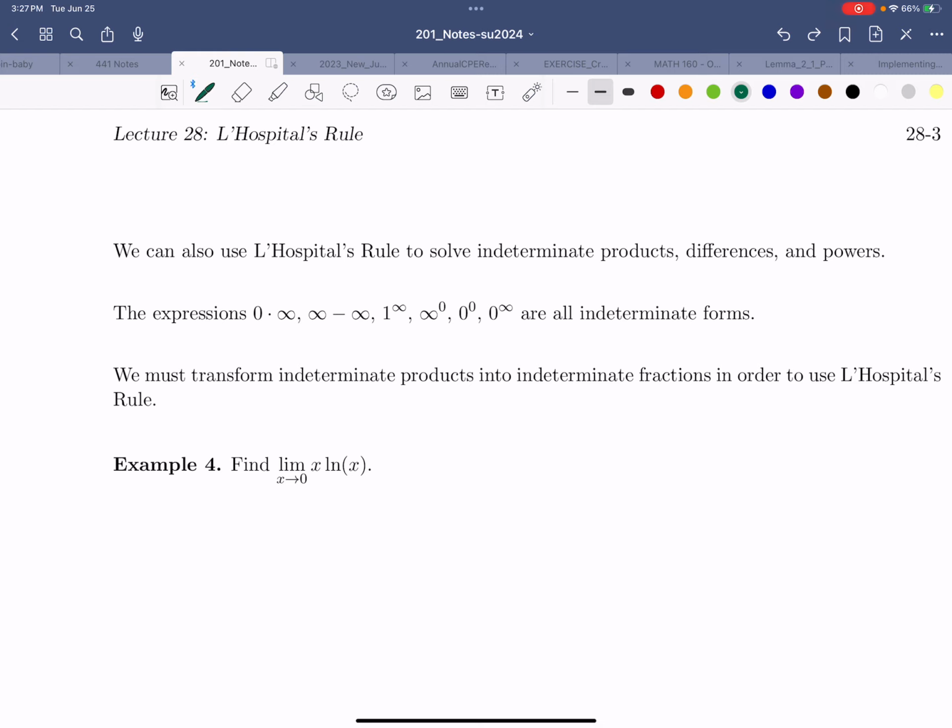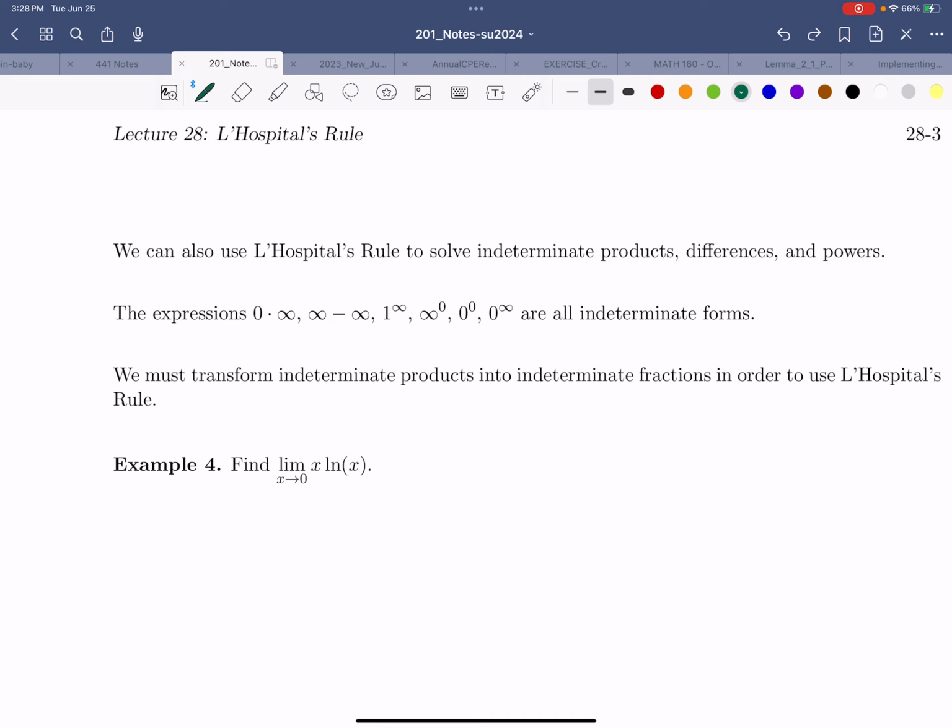So it turns out that L'Hopital's rule is very effective at solving limits with indeterminate forms. These are pretty much all the ones that we'll cover that you can use L'Hopital's rule to cover, along with our 0 over 0, infinity over infinity. All those different expressions that you see right here are other kinds of indeterminate form.